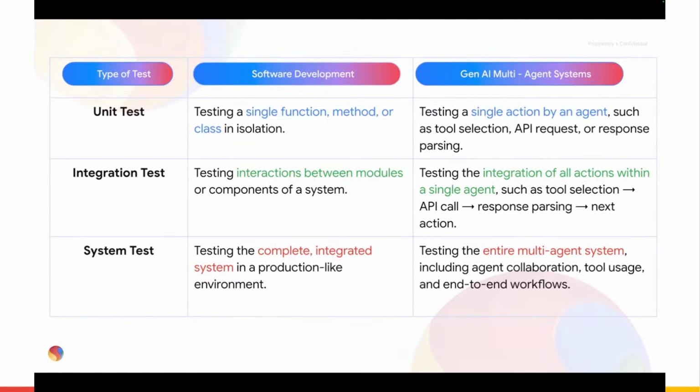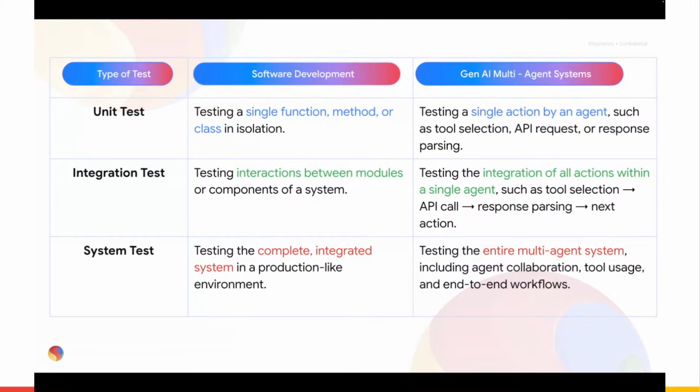And if we take these concepts to multi-agent systems, starting with a system test, that would be testing the entire multi-agent system. So you test agent collaboration, tool usage, the memory system, end-to-end workflows, very complex. But that will be at the end, just like system testing in software development usually happens at the end.